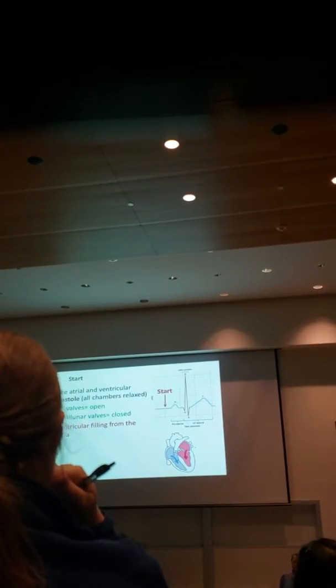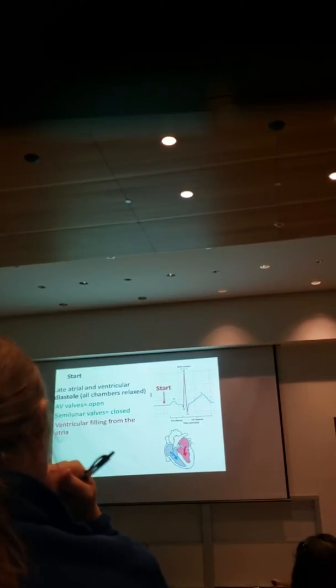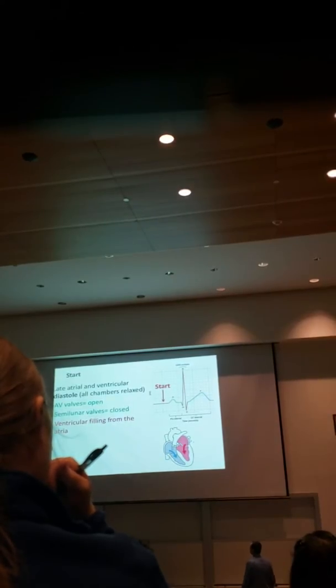The AV valves, the valve between the atria and the ventricles, are open. Why exactly? This is due to the previous cycle. We'll come back to this at the end of our coming cycle. Right now, just take it as a given. And we have some ventricular filling. Again, why is that? Because of the big previous cycle. So right now, just think about it as this is our starting point.